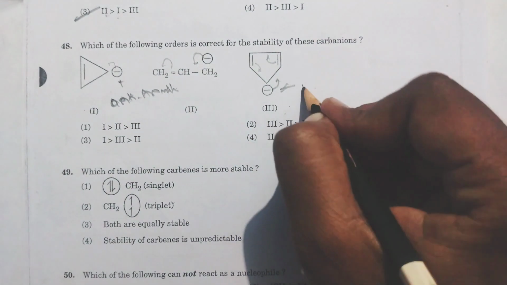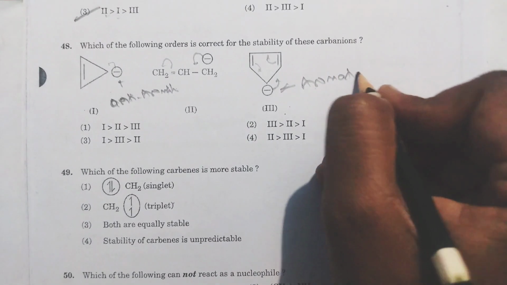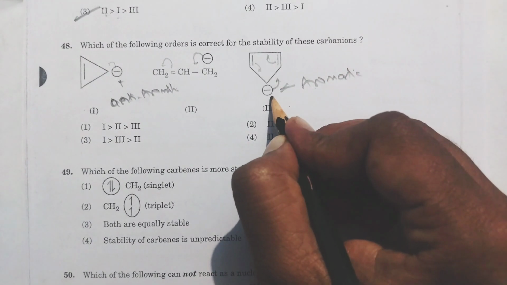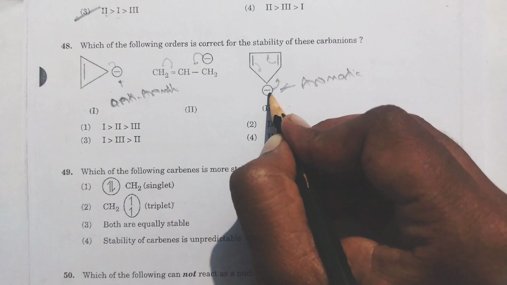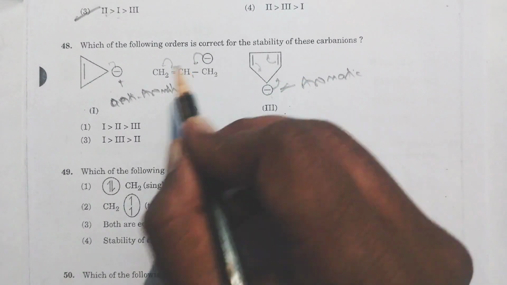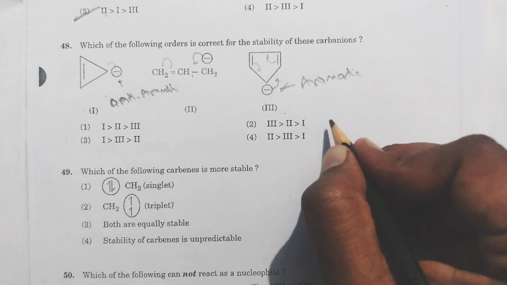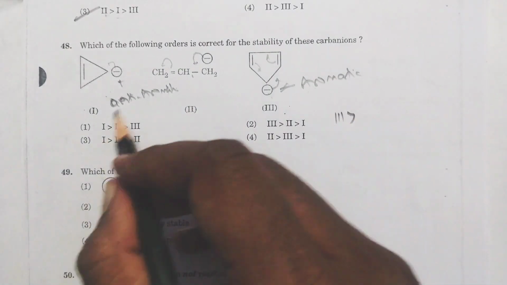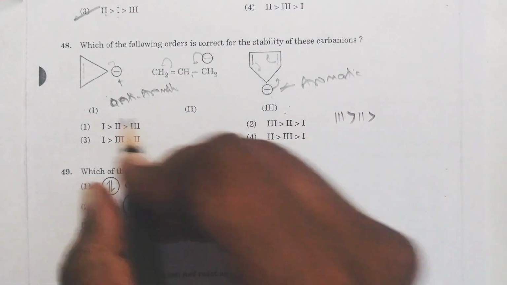Due to this, it is aromatic. Due to the presence of these electrons, this is aromatic. Hence, it is highly stable compared to this. It is least stable. So 3 is more stable than 2, than 1.